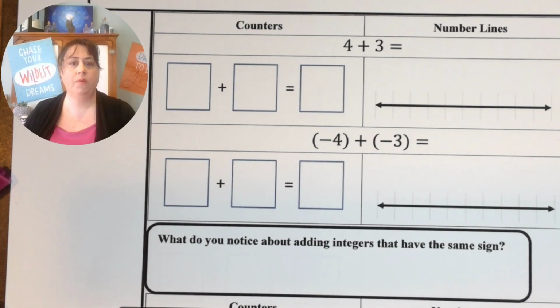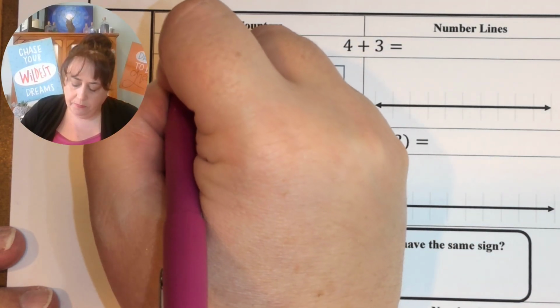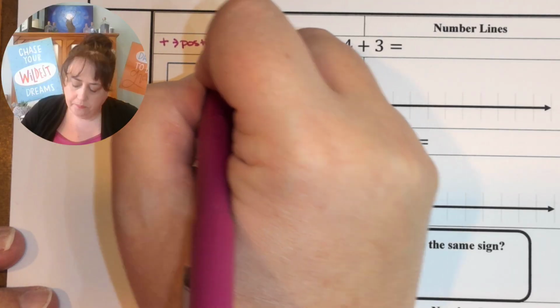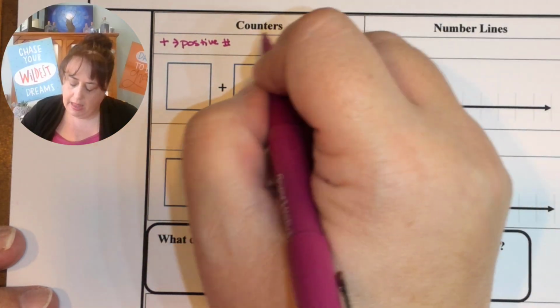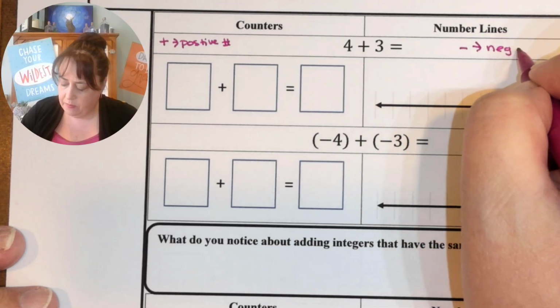So we're going to start with a really basic problem, 4 plus 3. I know that all of you know it's 7, but I want to show you how counters work. We're going to use a plus to represent a positive number, and a minus to represent a negative number.